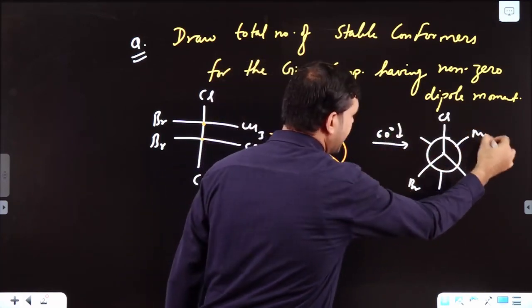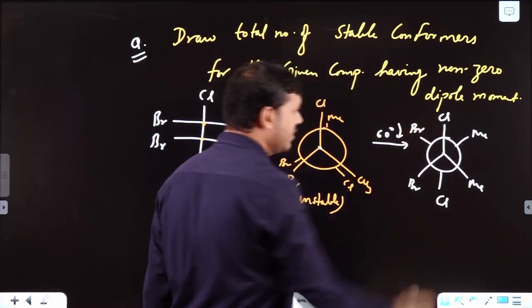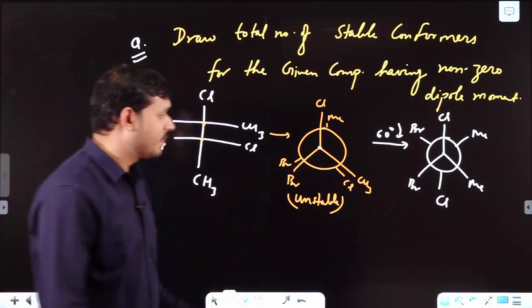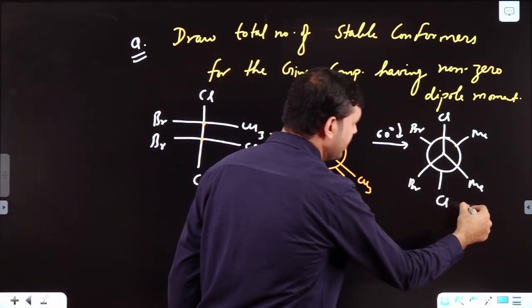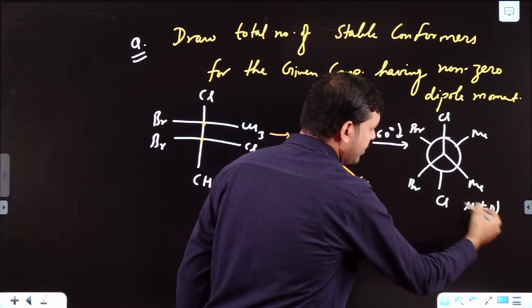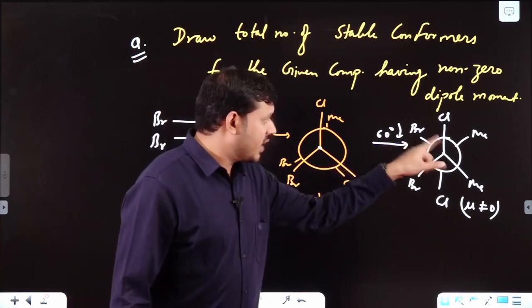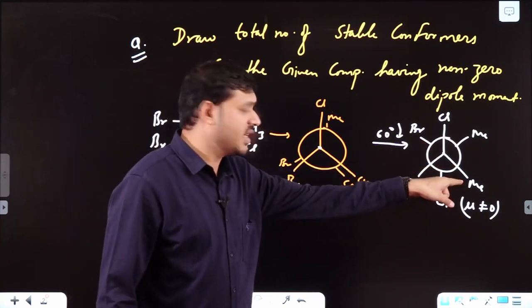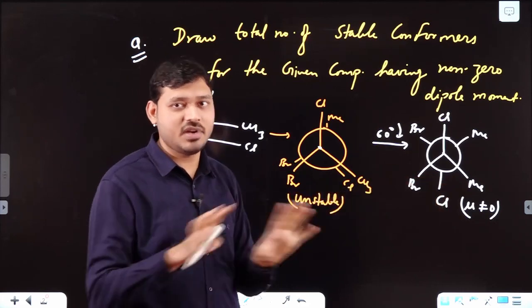So methyl comes here, this chlorine comes here and this bromine comes here. Clear to you? Okay. Now this is stable, but it is having dipole non-zero, mu non-zero. Okay. Now understand, if I rotate this part again 60 degree, I will get its eclipsed form, which will be again unstable. I need not consider.